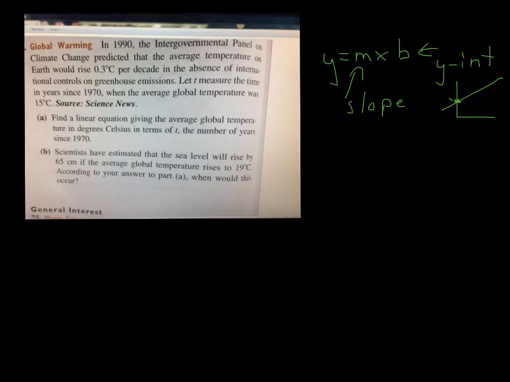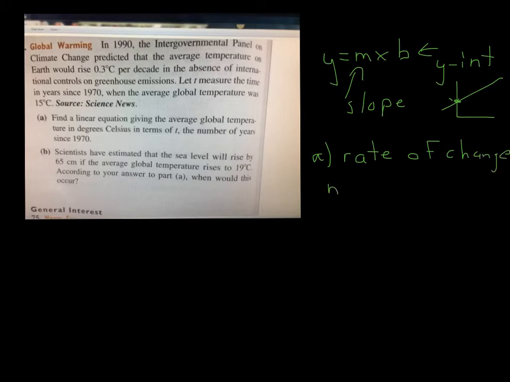So when we're looking at question A, let's start with that. They're telling us in the question that the temperature is changing at a specific rate. So we call that a rate of change, and that's really just another word for slope.